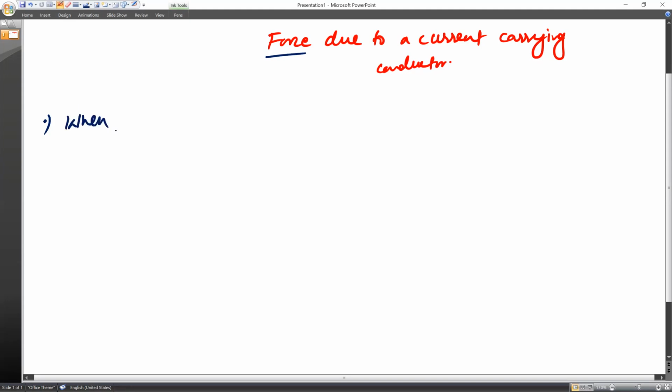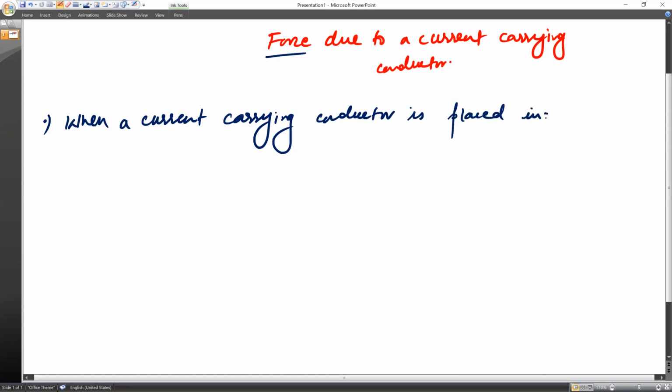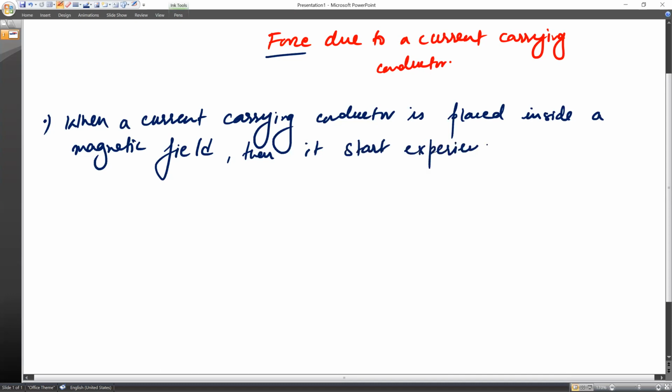When a current carrying conductor is placed inside a magnetic field, then it starts experiencing a force.